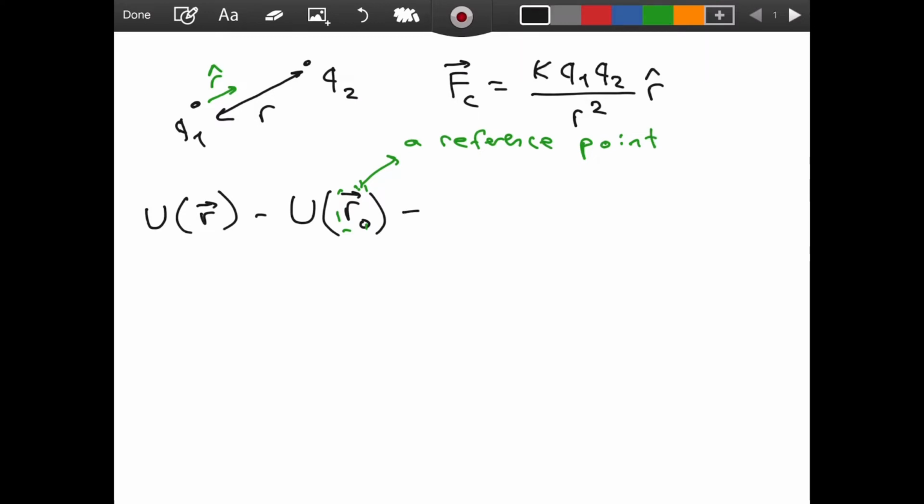This is going to be equal to, by definition, the negative integral of, I will give you the integrand, but let me give the boundaries first, from r naught to r, so from the reference point to the point of interest, the dot product F dotted with dr, where dr is an infinitesimally small distance.